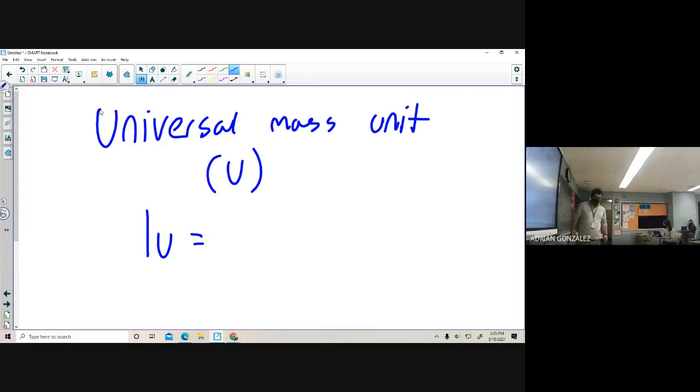And so what they did is they took the single most important element for human life on Earth. And they used that as a comparison. So what is the single most important element to all life on Earth? Carbon. Everything on Earth is carbon-based.